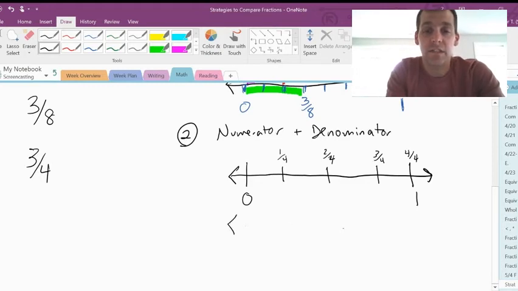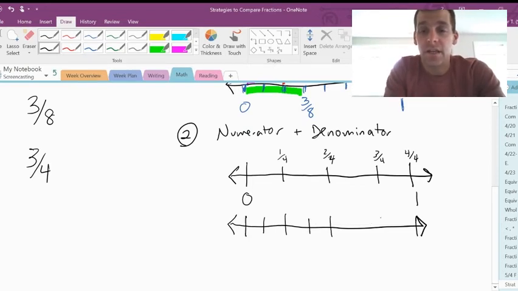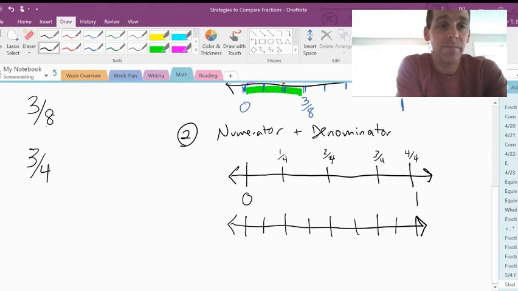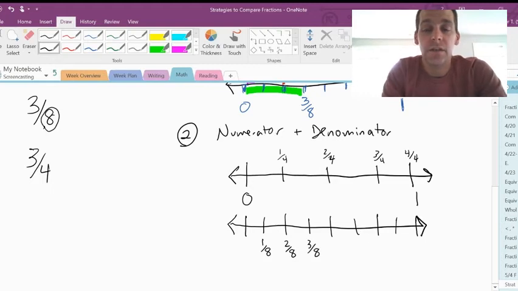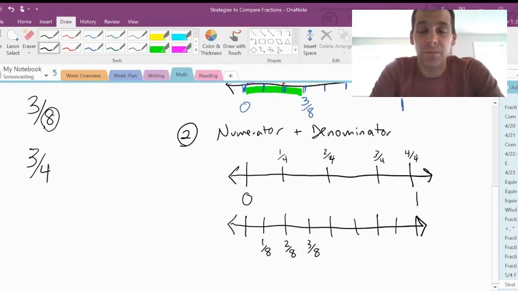What I'm noticing here is that I can look at the size of each of these pieces, and I should know at this point that the larger the number on the bottom, this number here being 8, means that these pieces, my 1/8, are significantly smaller than my quarters. So the larger that number is, the smaller the pieces. It's like it's been cut into more pieces.